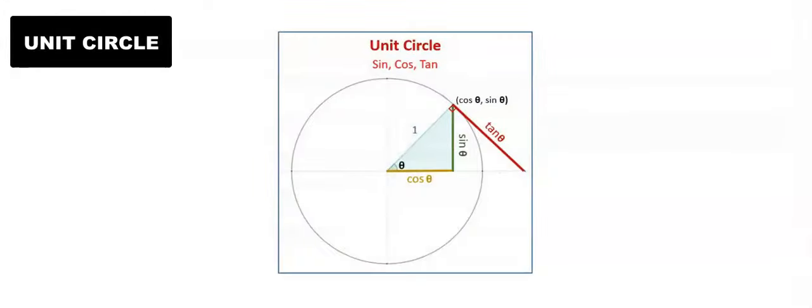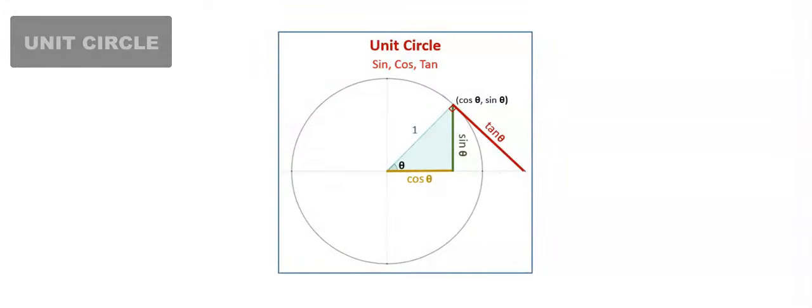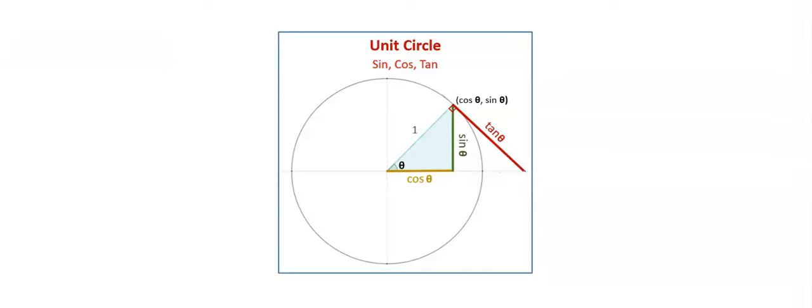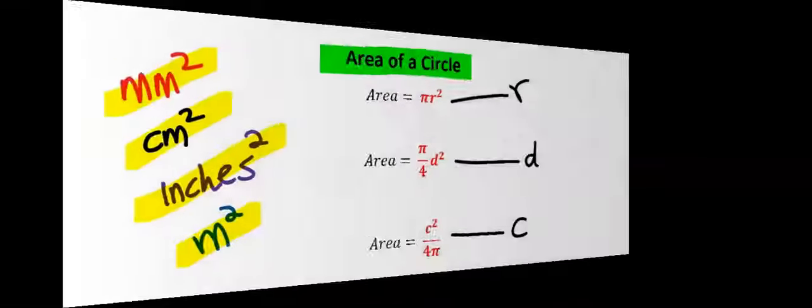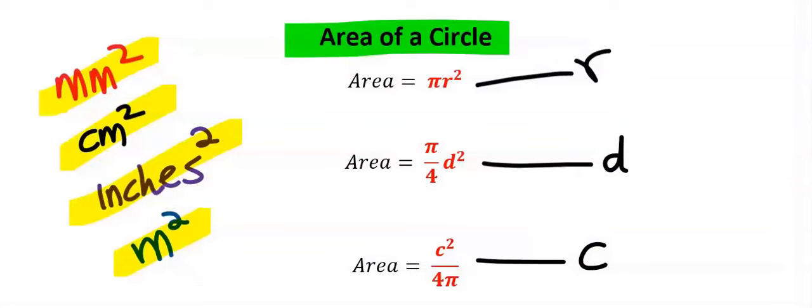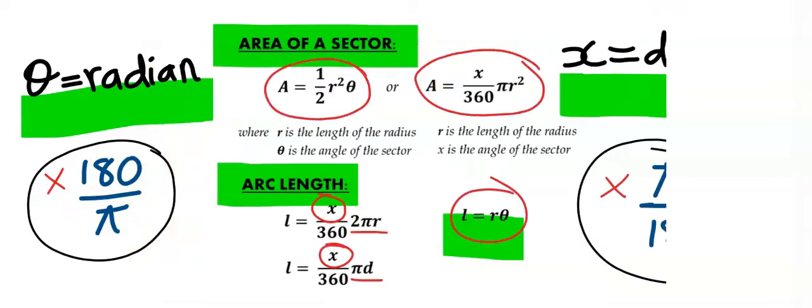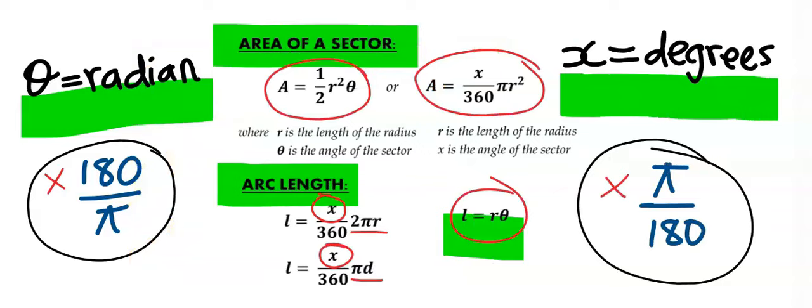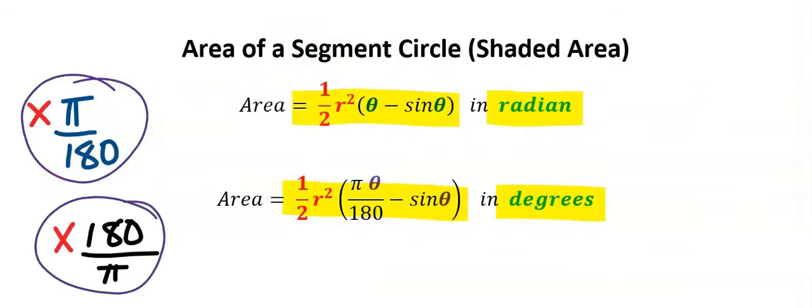From a unit circle, we can analyze and generate some trigonometric functions, which have been treated in a separate video. How to calculate the area of a circle, and how to calculate the area of a sector, including the arc length, and how to calculate the area of a segment of a circle have been treated in a separate video.